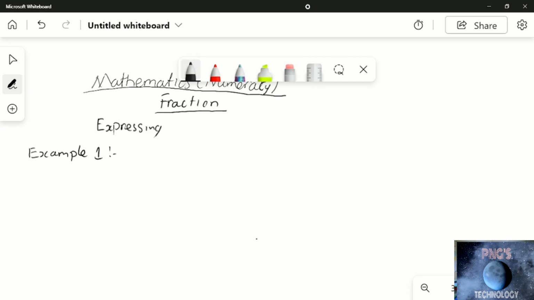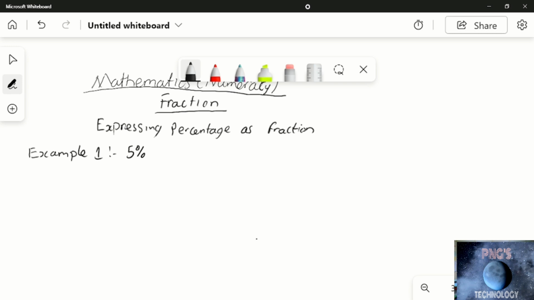So expressing percentage as fraction. So let's assume we're given our first one, 5 percentage.